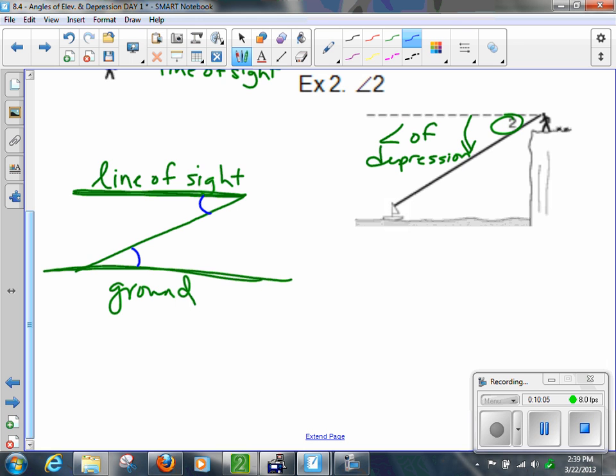Congruent. Why? It's that zigzag again. Okay? These angles, if you remember, and you need to write this down, are alternate interior angles, which are congruent. That's going to be very, very important to you. Please write this down. I'm not putting this up here for my health.